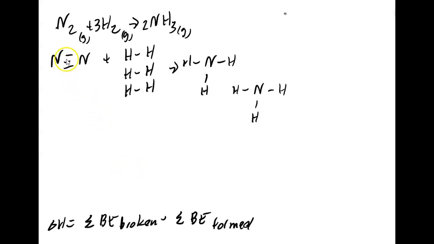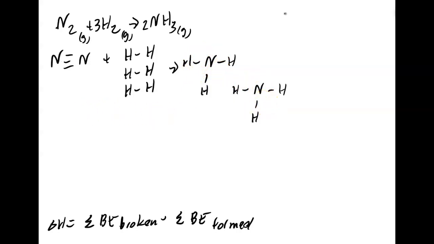To do this, we need to know that the bond between the nitrogen atoms is a triple bond, because a nitrogen-nitrogen triple bond has a different bond energy value than a double bond or a single bond. The bond between the hydrogens is single, and the bond between the nitrogen and the hydrogens in NH3 is also a single bond. I drew H2 out 3 times to make it clear that there are 3 HH bonds that need to be broken on the reactant side, and I drew NH3 out twice to show that in each NH3 there are 3 NH bonds, or a total of 6 in the 2 NH3 molecules.